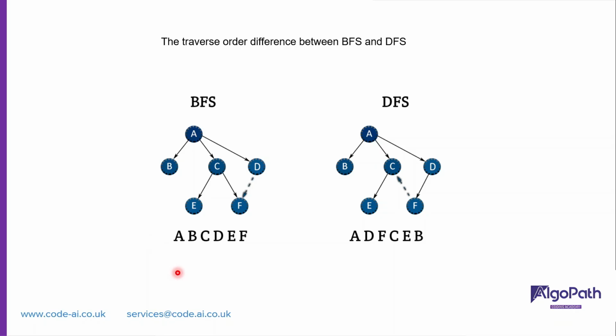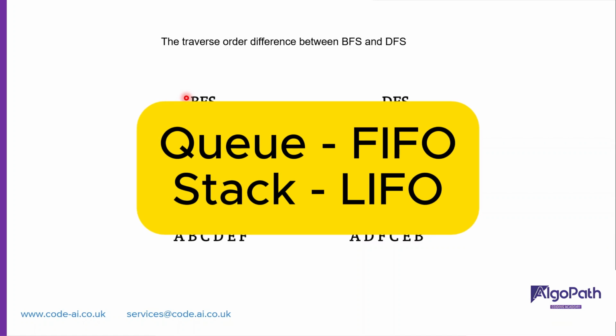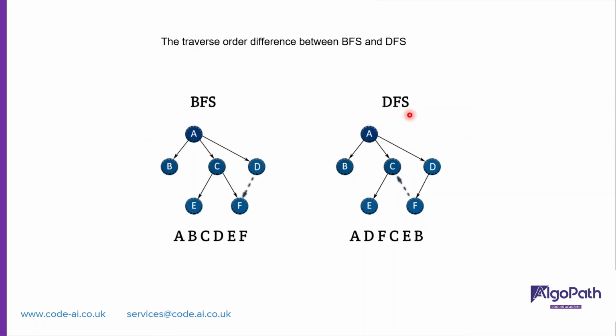And what's the reason? The reason is very simple. For BFS, we are using a queue, and a queue uses the first in first out method. Whereas for DFS, we use a stack, and a stack uses the last in first out method. So based on the entry and the exit, the nodes are visited in a different sequence.